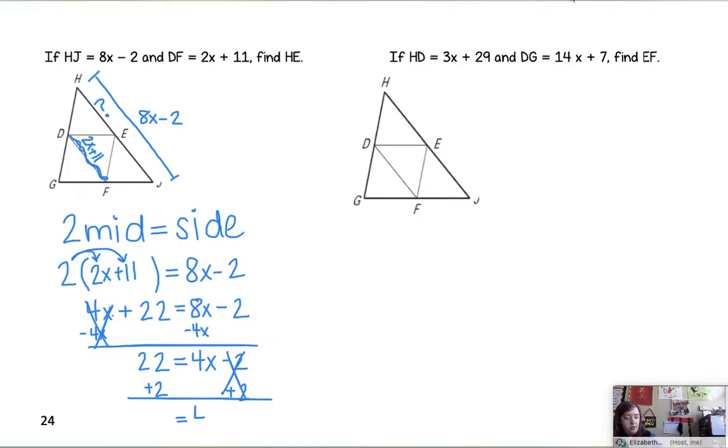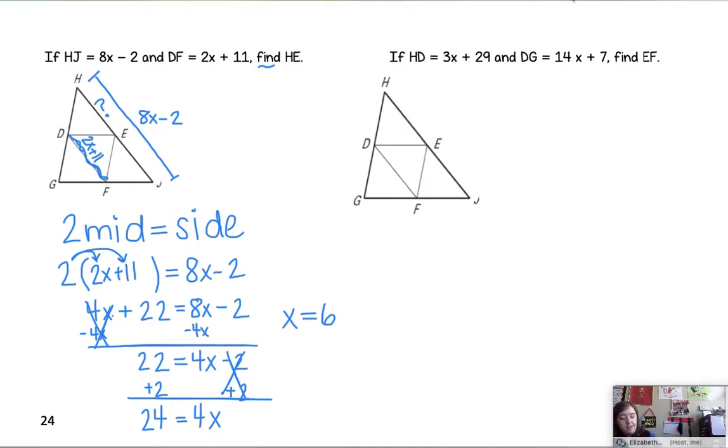We're just left with 4x on the right. 22 plus 2 is 24 over on the left. So we'll divide by 4 on both sides. What does x end up being equal to? Very good. Yes, x equals 6.